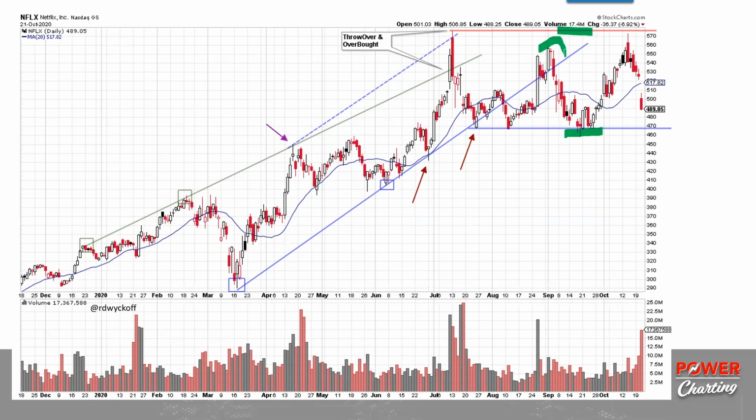And now we've had a secondary test here and here, both to lower highs, and a reversal back down towards support as of today, with a pretty stiff decline, about a 7% decline in Netflix. Let's just keep an eye on that and think about that chart in terms of the other large growth names in the space.